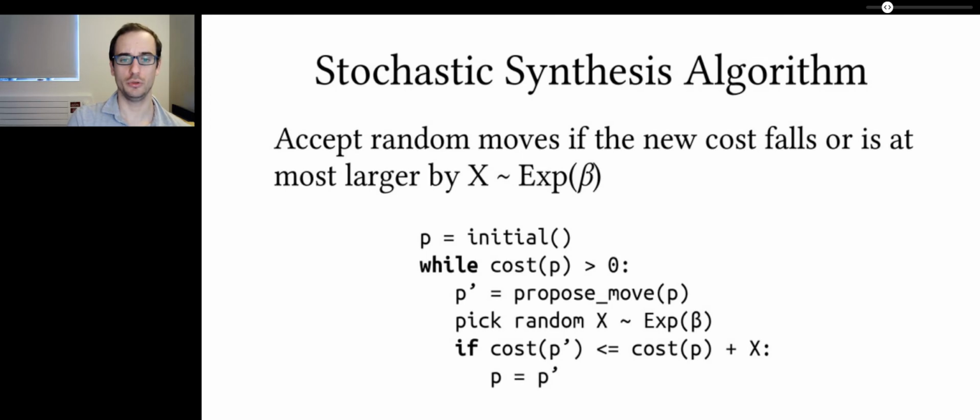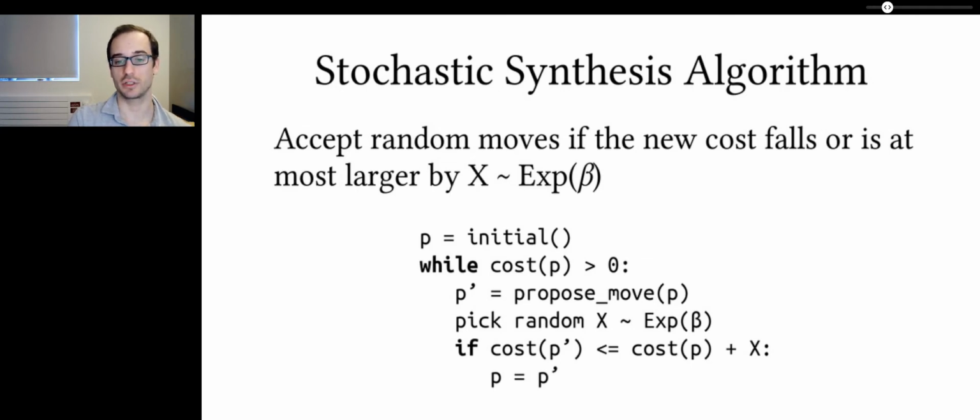So with the moves and the cost, we can now define the stochastic synthesis algorithm. Here we're going to have a loop where at each step we're going to propose a new program and then look at the cost of that program compared to the cost of the old one. If the cost is smaller, we're going to accept the new program as the current one.